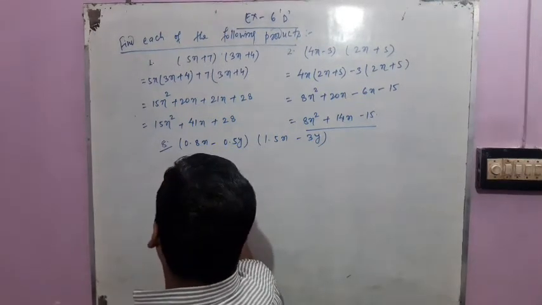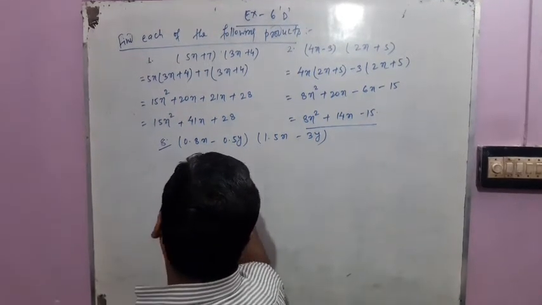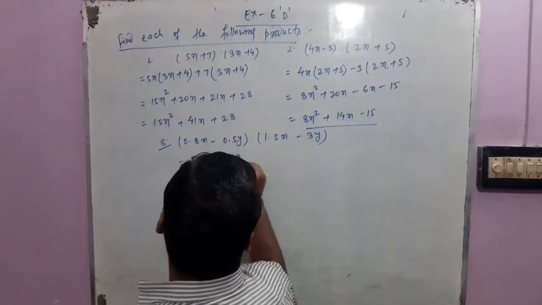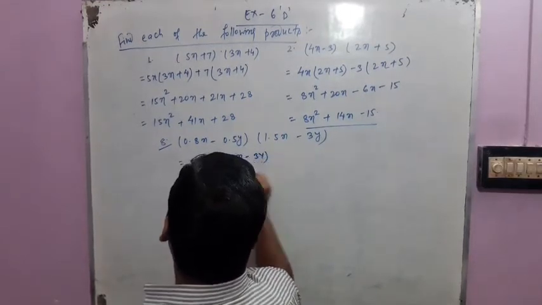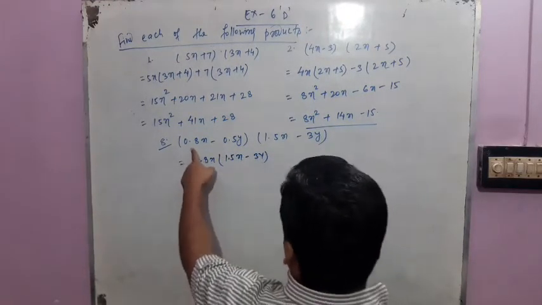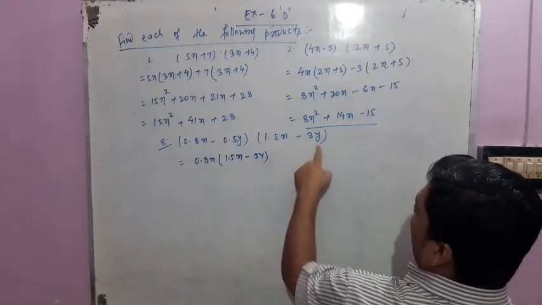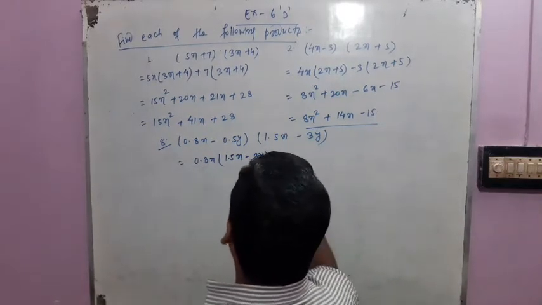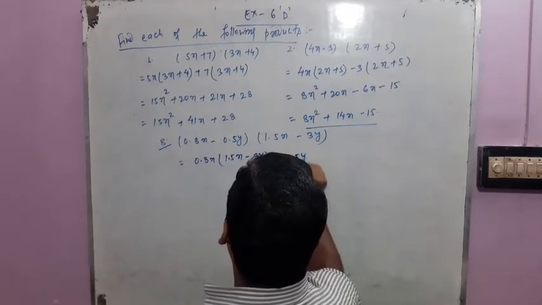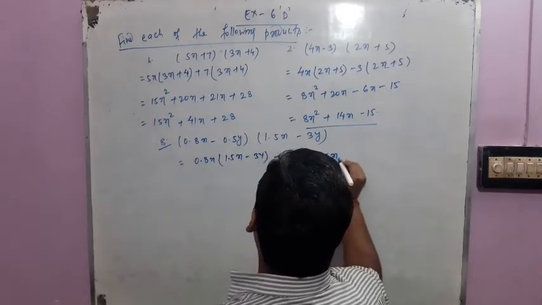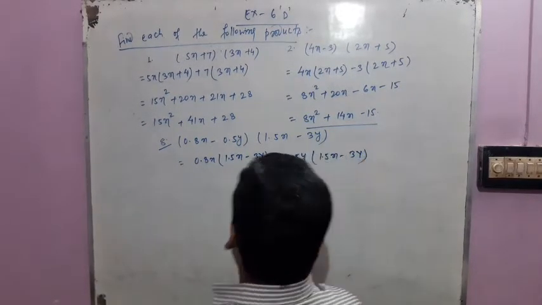Now, first we have to multiply 0.8x with 1.5x minus 3y. Then we have to multiply 0.5y with 1.5x minus 3y.